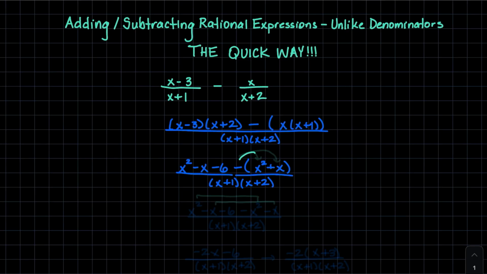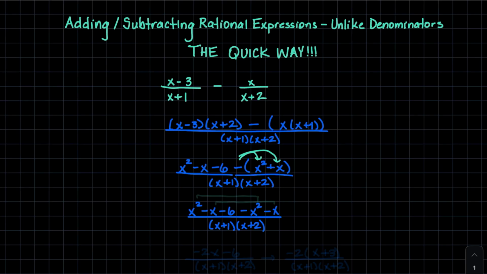Now I can go ahead and distribute this negative. So x squared minus x minus 6 minus x squared minus x all over x plus 1, x plus 2.